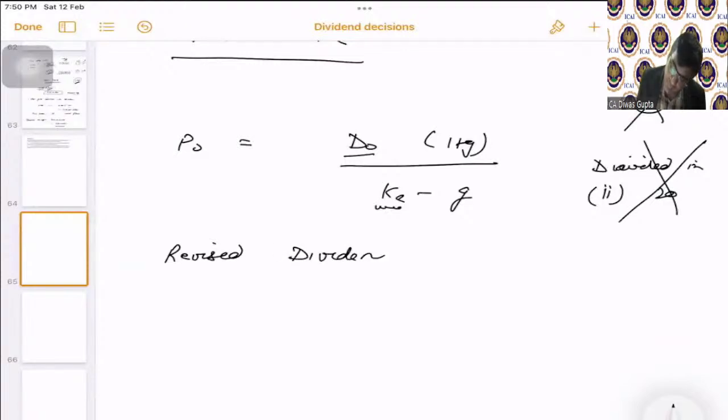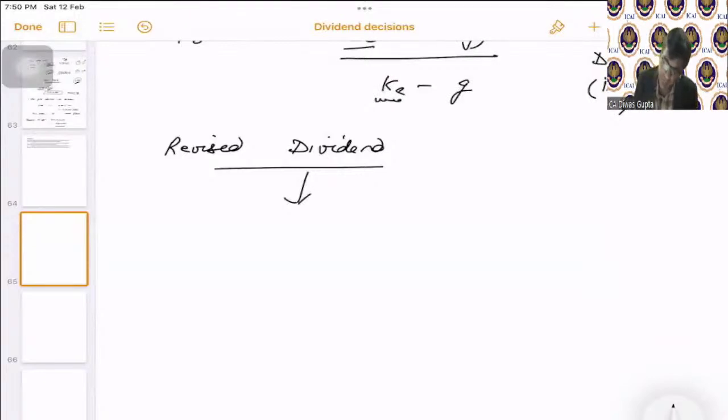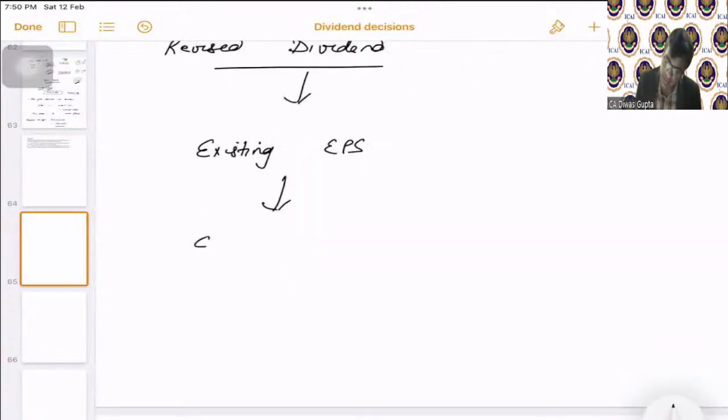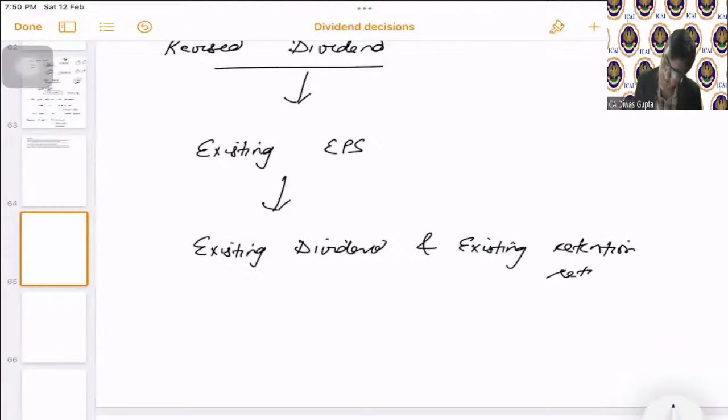dividend. To calculate the revised dividend, we need to know the existing earnings per share. To calculate the existing earnings per share, we need to know the existing dividend and existing retention ratio. Right, students? Now, this existing dividend, we know it is already 20. Now, this existing retention ratio can be calculated.